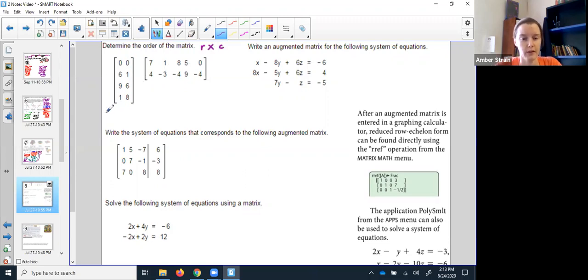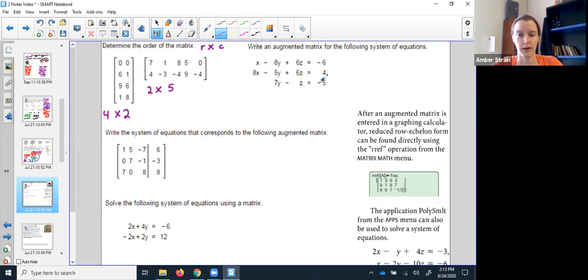So this one would have an order of 4 by 2, 4 rows, 2 columns. This one would have an order of 2 by 5, 2 rows, 5 columns. So like I said, a little bit backwards, reverse of alphabetical order, and not left, right, up, down like you would with the ordered pair.